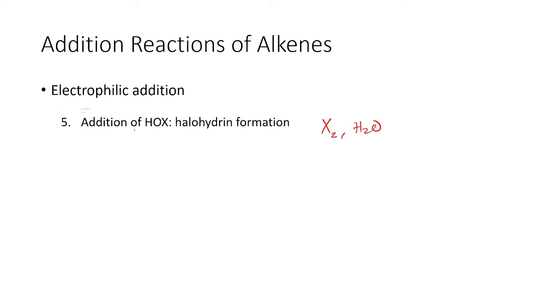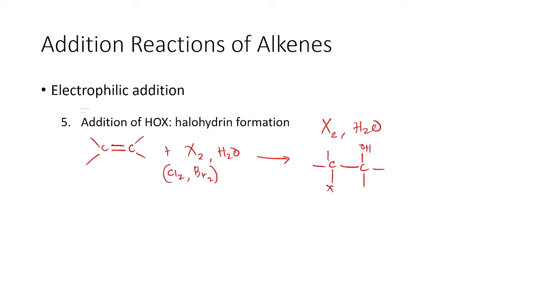So if we have our alkene and we add halide and water, in which our halide here can be chlorine or bromine, what will happen is we will have a halohydrin, in which we have our carbon and another carbon, with the OH and the halide as our side chains. So again, it follows Markovnikov's rule, and also it follows anti-addition.